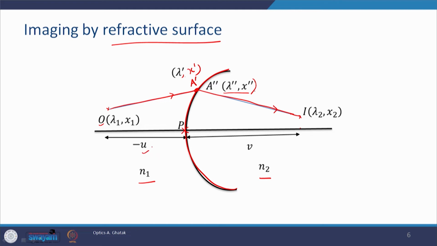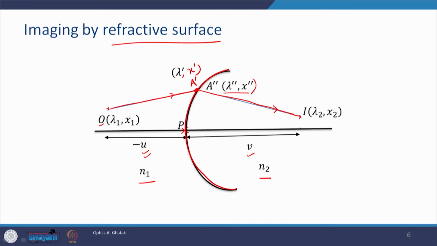Since u is on the left hand side of P, using our sign convention, u would be a negative number, while v, which is on the right hand side of P, would be a positive number.